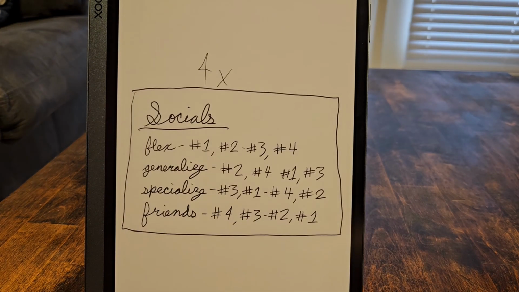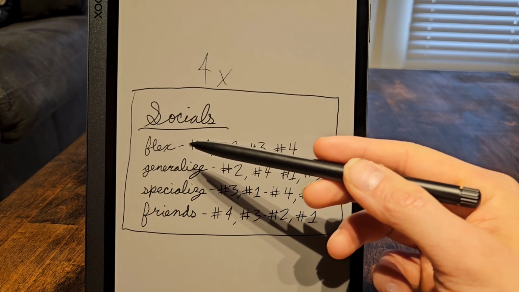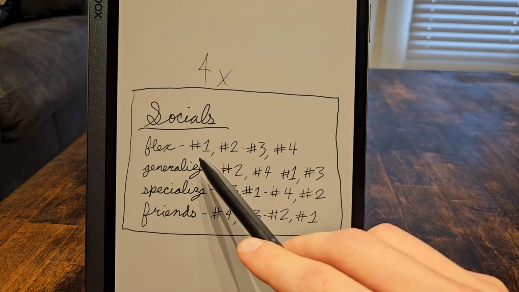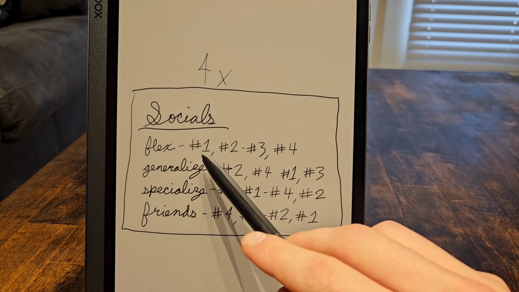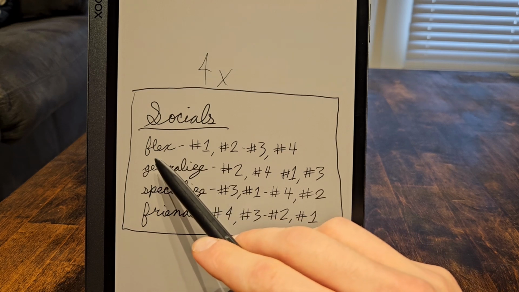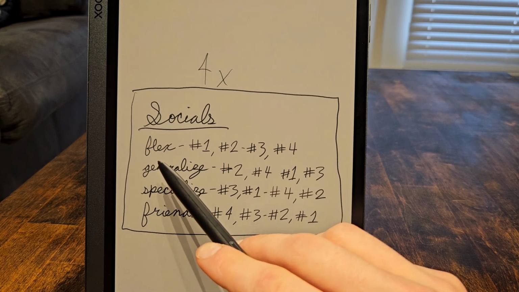Here's the next concept. This is a newer one, and I'm not going to go into as much detail with this. This is what brings us from 512 up to 2048 types, and if it weren't for socials, we would only have 512 types, which is more manageable. But the concept here is just, these words can be changed around sometimes, but the idea behind flex is this idea of trying to be at the top, internal drive, internal motivation, competitiveness, responsibility, a lot of energy coming from inside, very self-motivated.